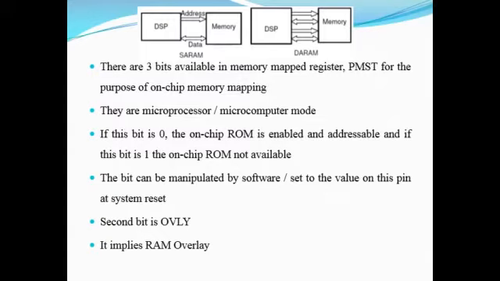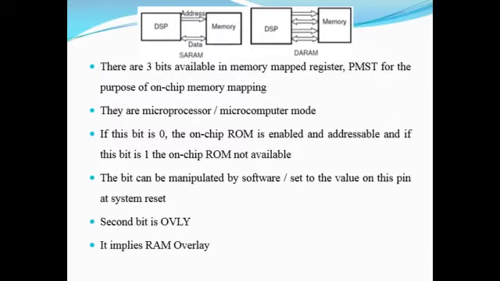And the second bit is OVL5. So this is the second bit we consider. It implies it is a RAM overlay. So that is the overlay condition we have already come across when we discussed it in module 2.